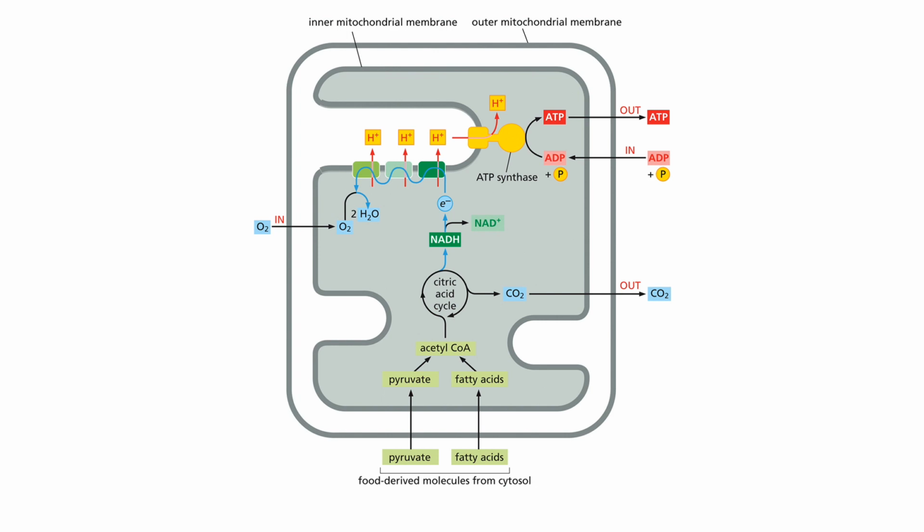And that, of course, is the final electron acceptor for electron transport. But what you see is the electron transport chain shown in those three kind of greenish rectangles. Those are showing the pumps, showing the protons being pumped out into the inner membrane space.